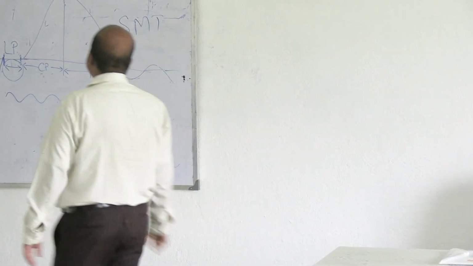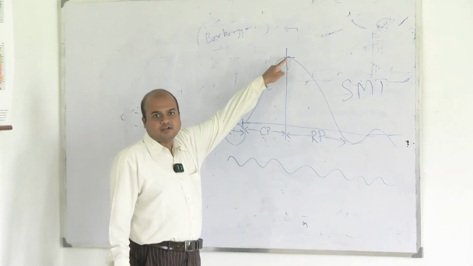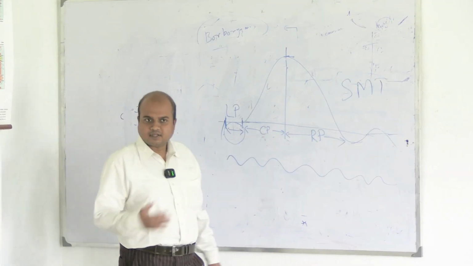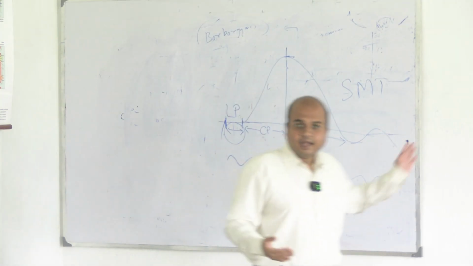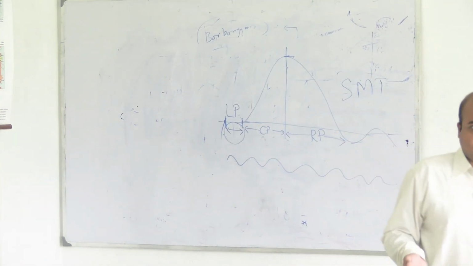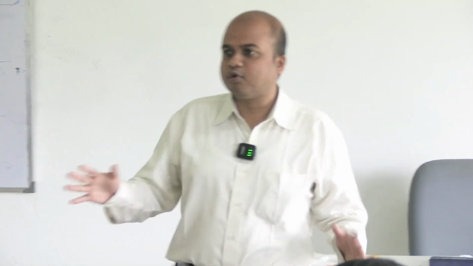So this phase is denoting the contraction phase, and this phase is denoting the relaxation phase, when the muscle is relaxing. Humanly this cannot be intervened. As soon as the nerve is stimulated, the process is so fast that this cannot be humanly intervened.